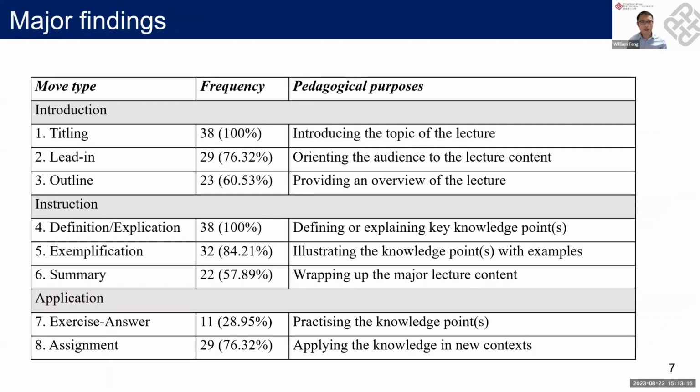So I'll just quickly go through some of the most interesting features of the micro lectures. So here is the structure. We have three chunks, three stages: introduction, instruction, and application, which is no different from a traditional lecture. But there are some interesting differences. For example, in terms of titling, usually in traditional lectures, there's nothing so interesting in titling, right? It's just a noun.